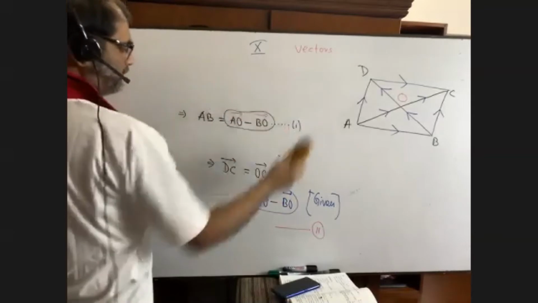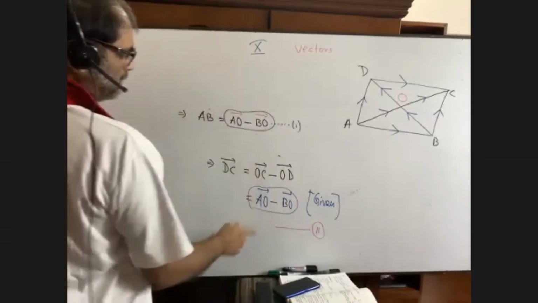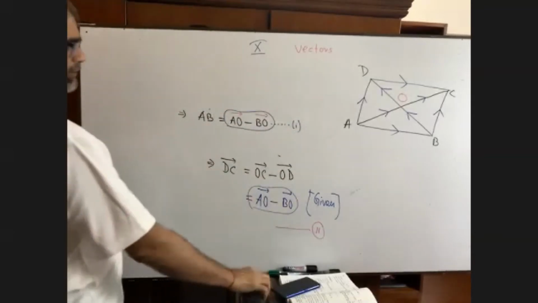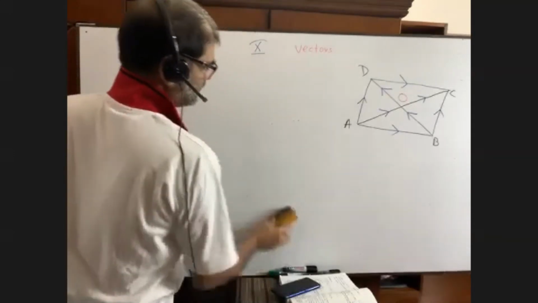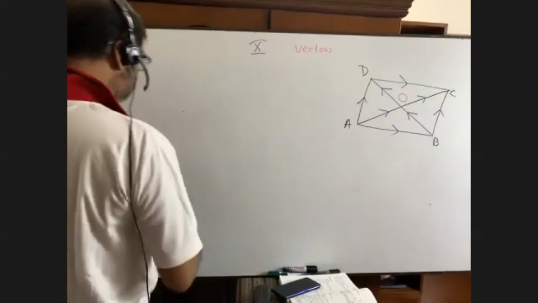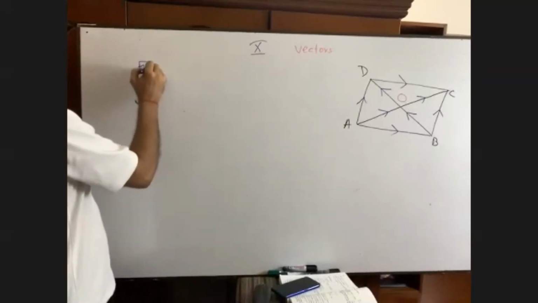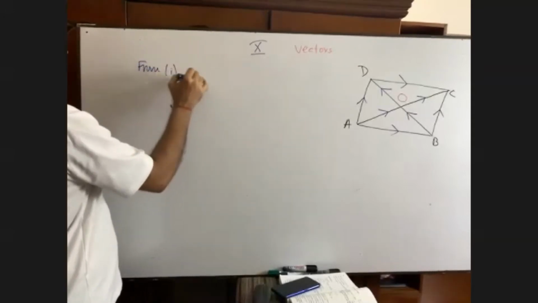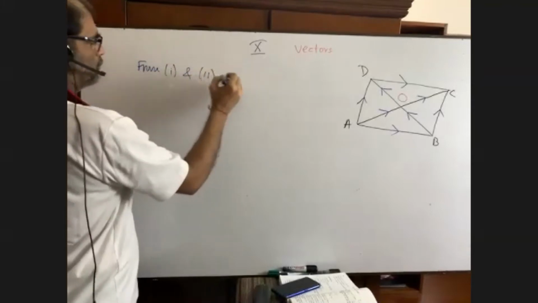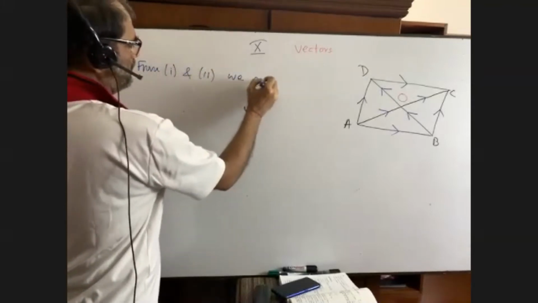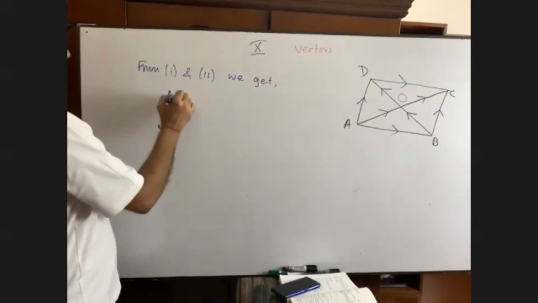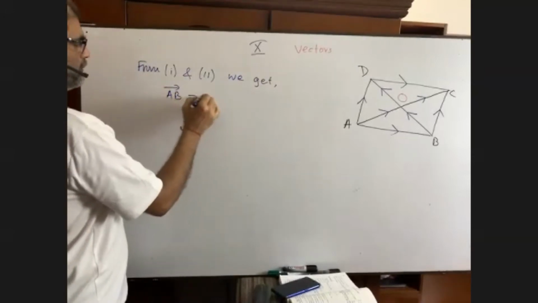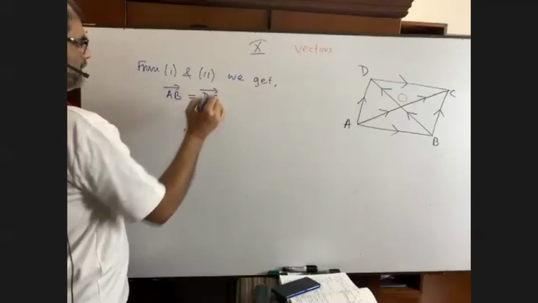You see, these two are equal. That means AB and DC will be equal. Write down, therefore, from 1 and 2 we get AB is equal to DC.